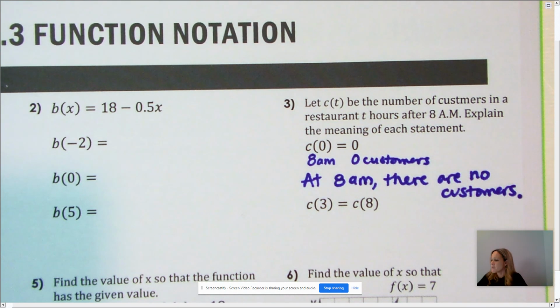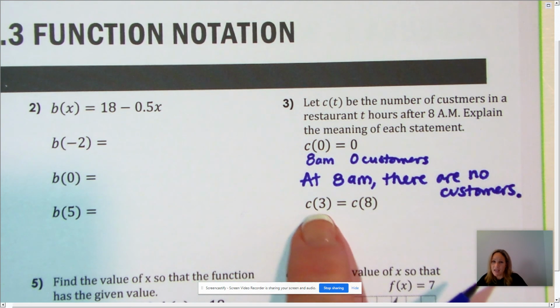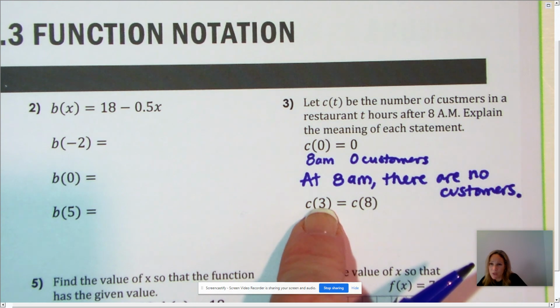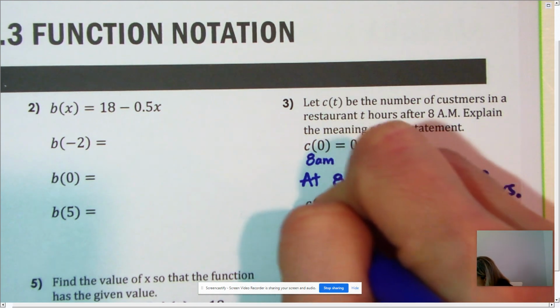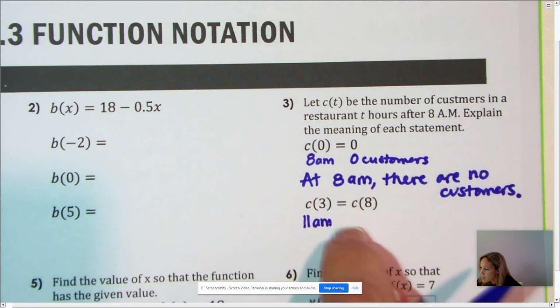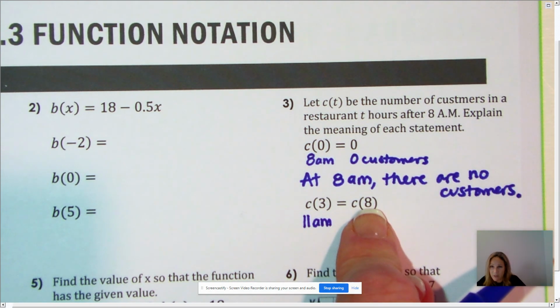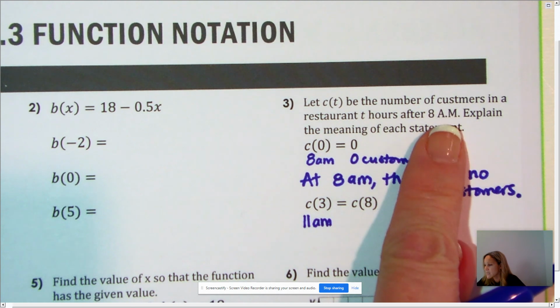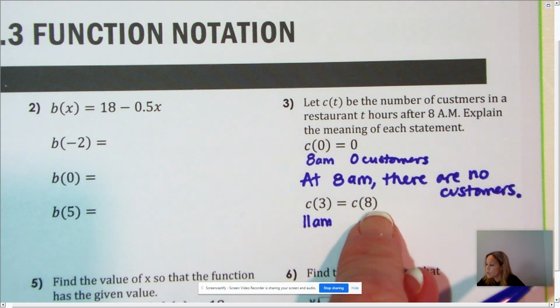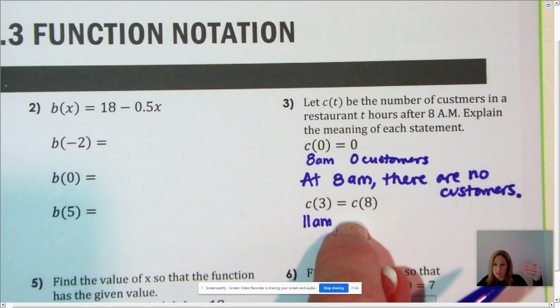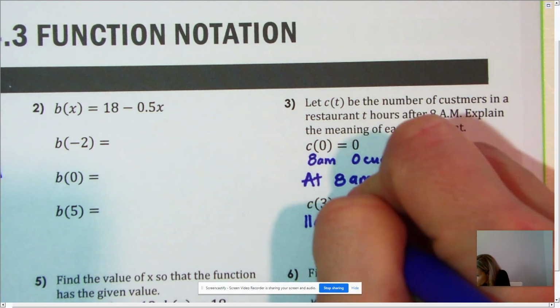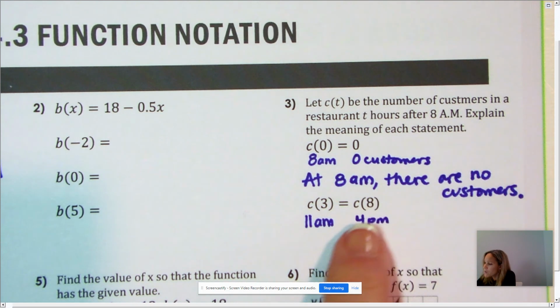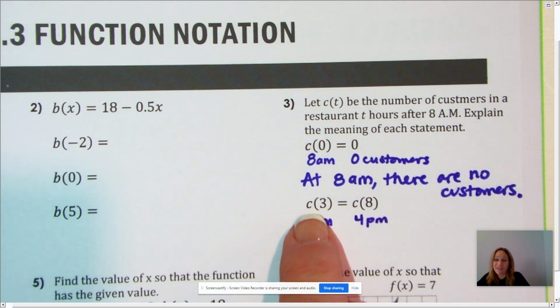Okay. For this part, it's saying the number of customers 3 hours after opening, well, 8 plus 3 is 11, so this would be 11 a.m., is equal to the number of customers 8 hours after opening. So 8 plus 8 is 16, minus 12 would be 4 p.m. You could also say, well, there's 4 hours to get to noon, and then 4 more hours past that would be 4 p.m. So remember, though, that the function represents how many customers.